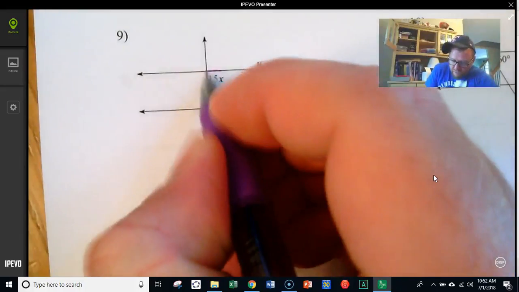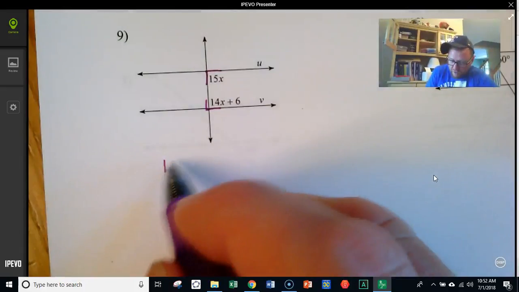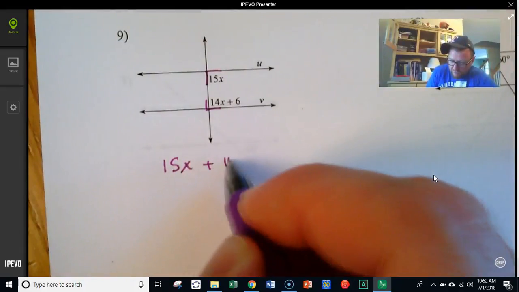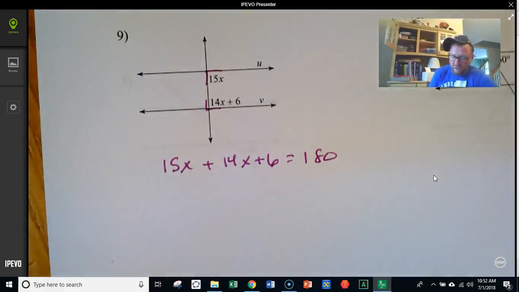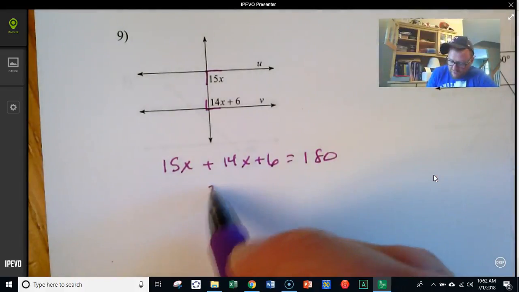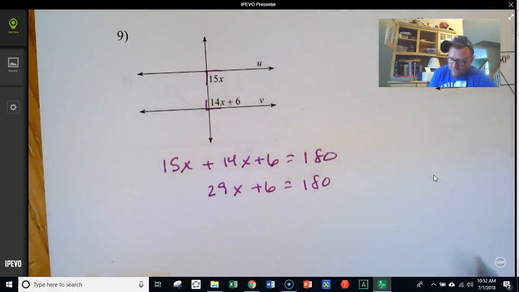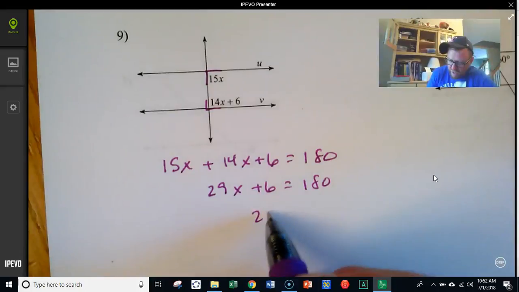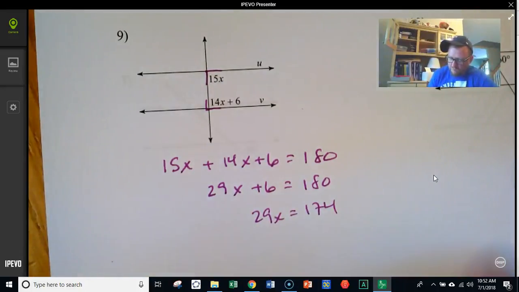Here we have same side interior. So if 15x plus 14x plus 6 equals 180, then the lines will be parallel. That means that if 29x plus 6 equals 180, combine like terms, I'm going to subtract 6 from both sides, 174.